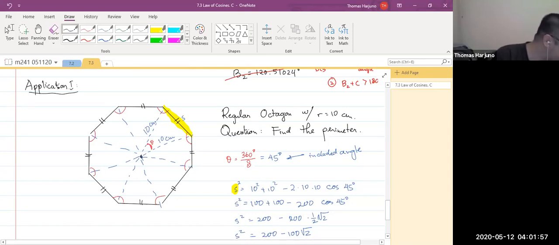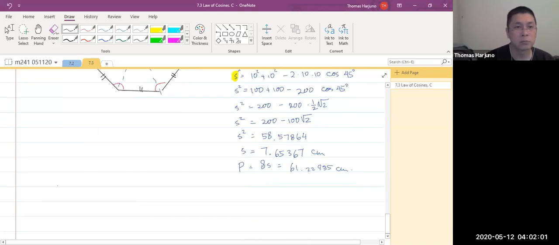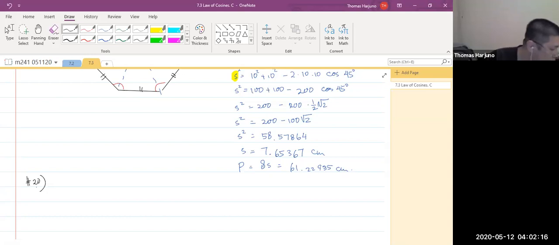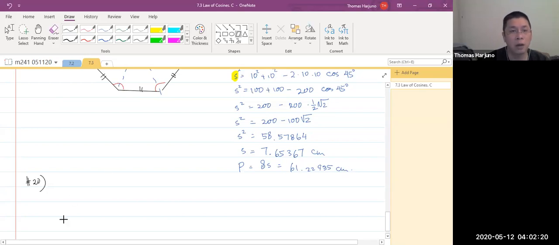Let me use question number 20. Question number 20, geometry. The diagonals of a parallelogram are 14 meters and 16 meters and intersect at an angle of 60 degrees. Now, what is a parallelogram? A parallelogram looks like this.